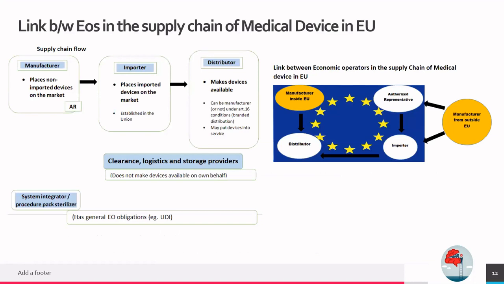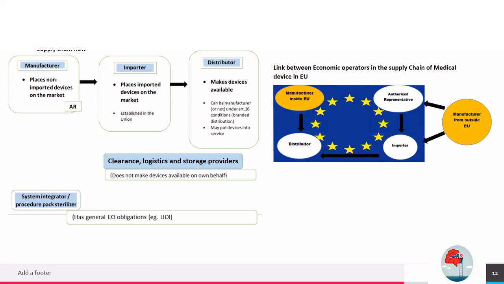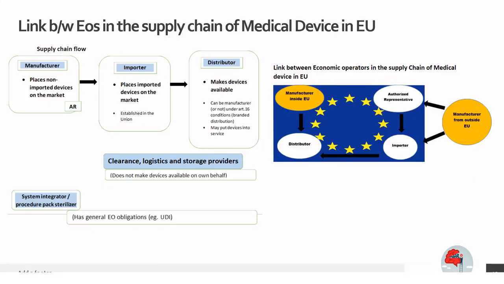Now coming to the link between the economic operators. We have talked about main parties and other parties, but how are they linked in this supply chain flow? On the right and left side, you can see: if the manufacturer places a non-imported device on the market, then it is a pure manufacturer. If an authorized representative is there, it is indirect. Importer: manufacturer to importer, importer to distributor, distributor to end user.